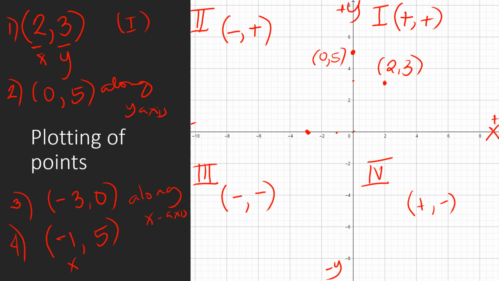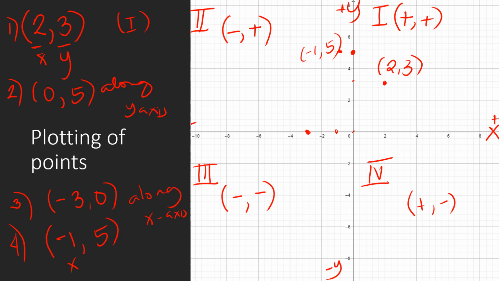So, nandito siya sa part na to. So, here's your negative 1, 5. Negative 1 x and your 5. Kaya doon siya.